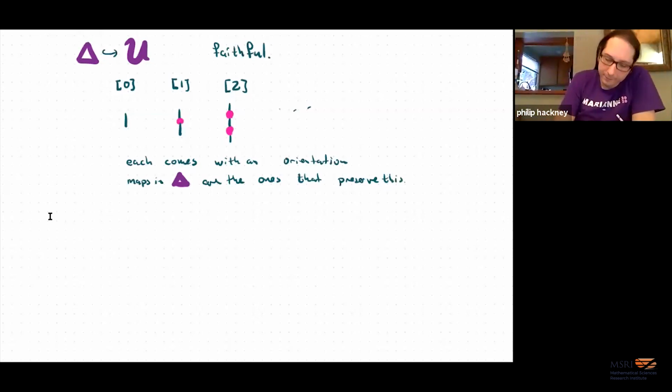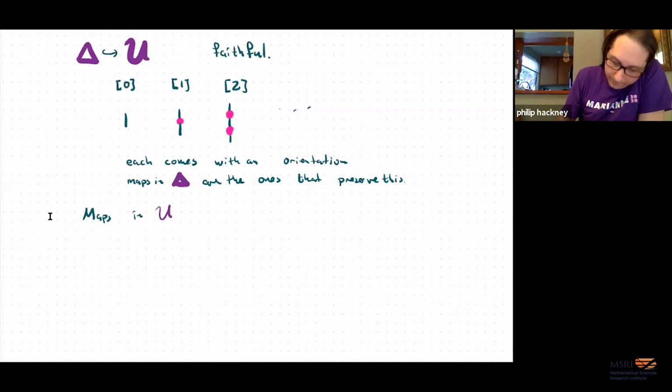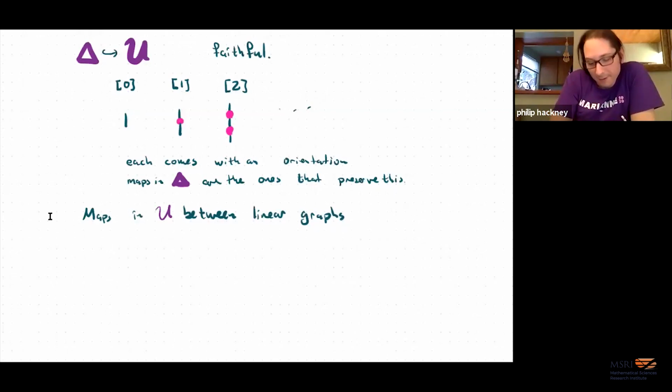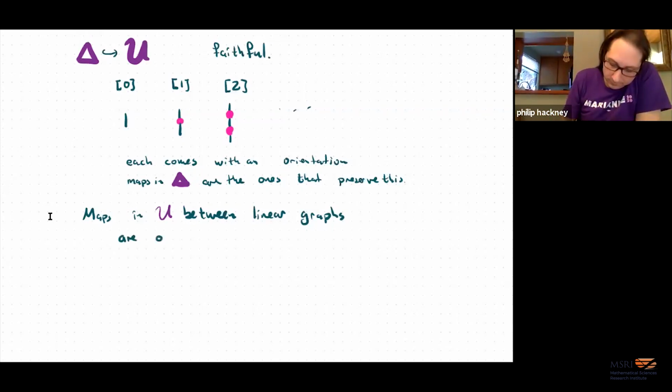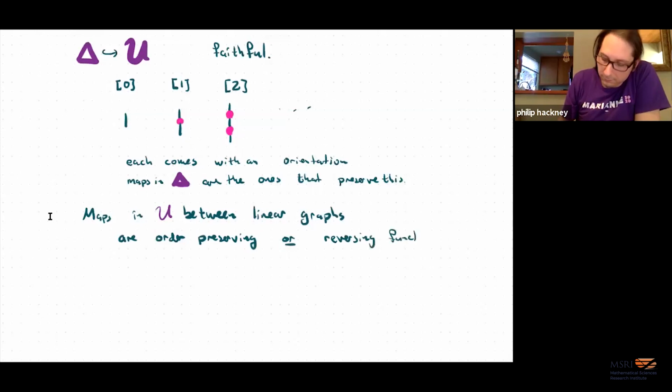So in general, if I looked at maps in U between such linear graphs, they're maps of these finite sets that are either order preserving or order reversing. And they know which one they are.